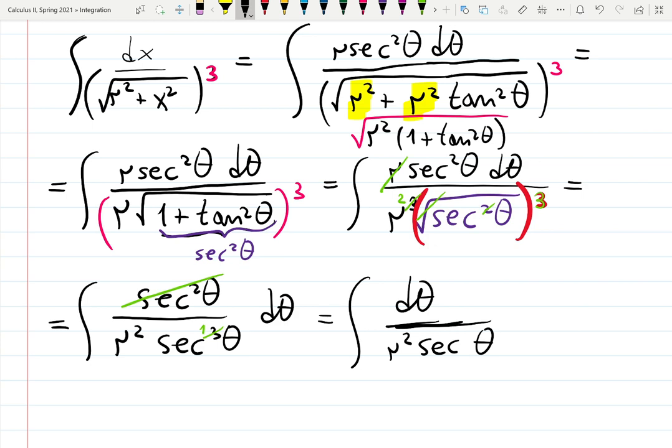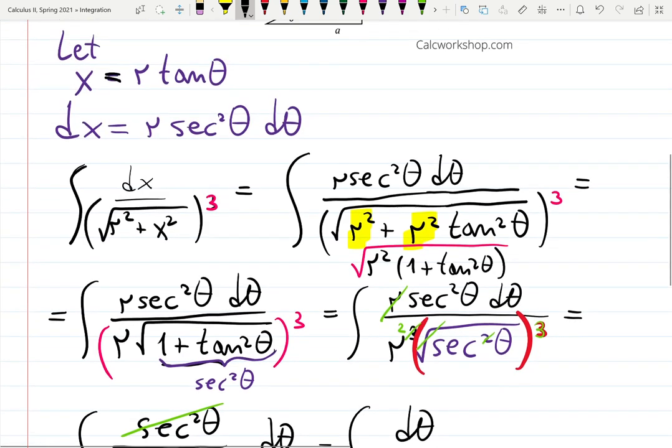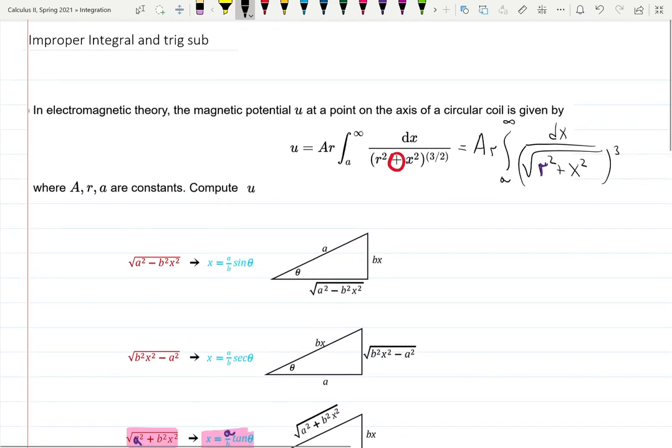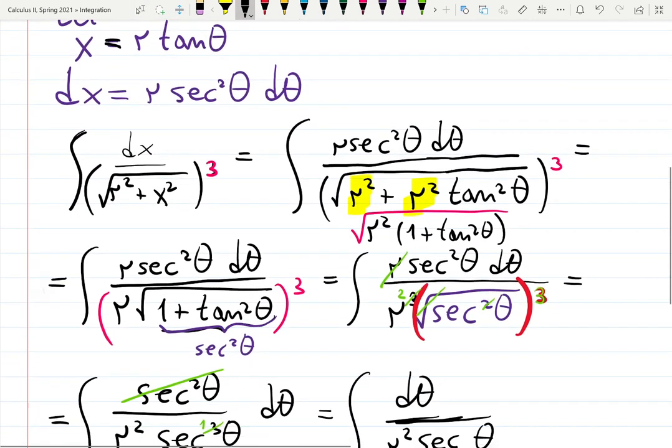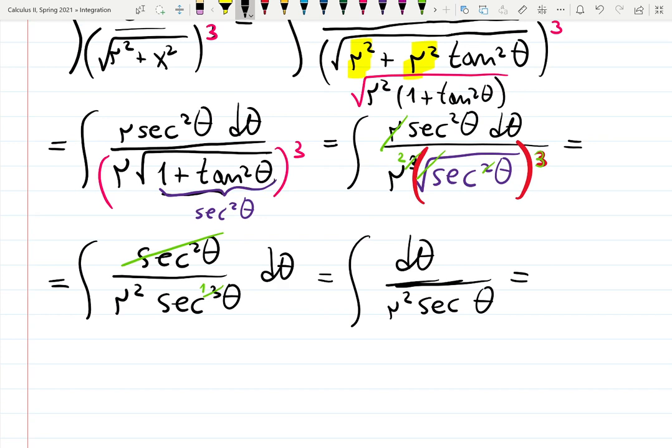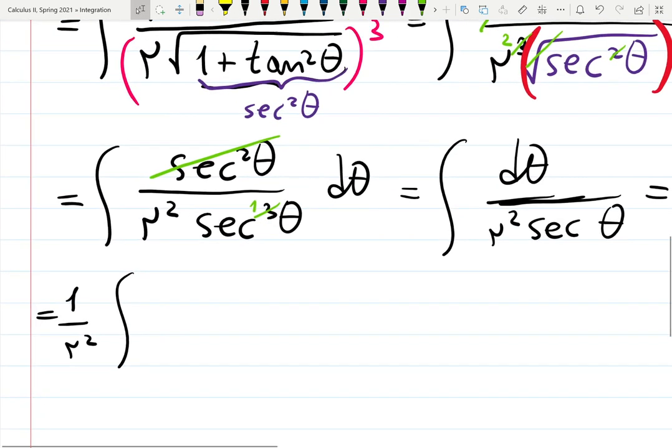Can you integrate that? How to integrate that? Remember, at the beginning they told us that a, r, and a are constants. So we can kick out 1 over r squared outside of the integral. That's already promising. Then what is secant?